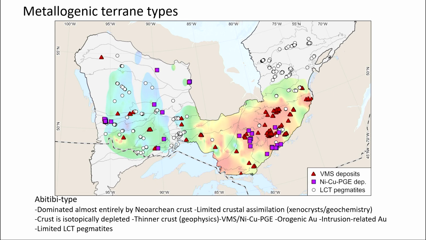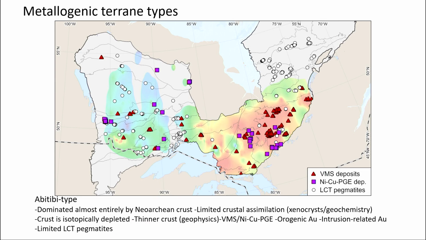There's limited crustal assimilation, although there are some xenocrysts. Geochemistry shows limited crustal assimilation. Crust is isotopically depleted. I say here it's thinner, but I wouldn't say it's thinner. It's maybe thinner, but more variable. And then, of course, you've got these VMS, nickel, copper, and a lack of LCT pegmatites.